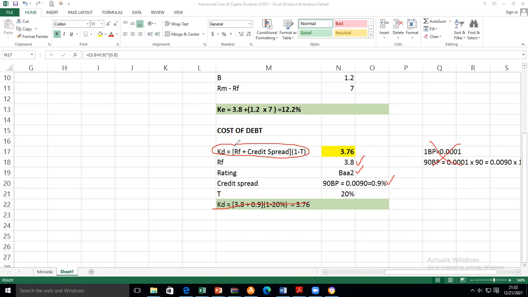Are there any questions on the items covered so far? So what have we covered this evening? We have reminded ourselves of how to calculate the cost of equity and also the advanced cost of debt.